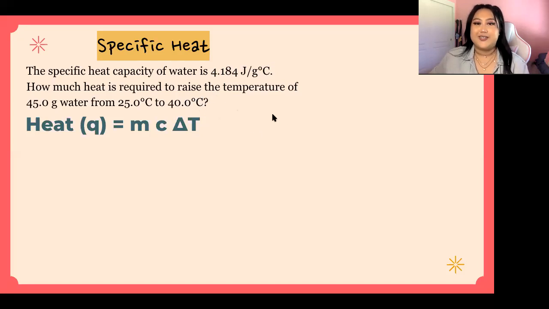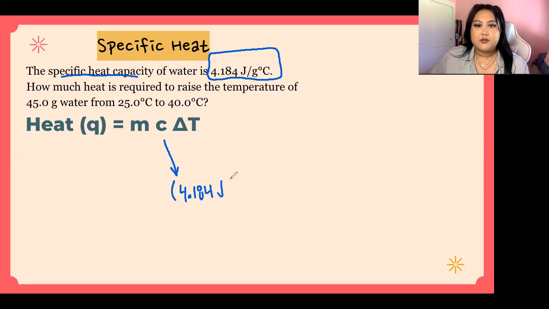I think we're looking for heat, which is Q in joules. Okay, in joules, yeah, that's correct. So the specific heat is this one already. That's C, so we can plug that in here: 4.184 joules per gram degree Celsius. So what other things do we have?